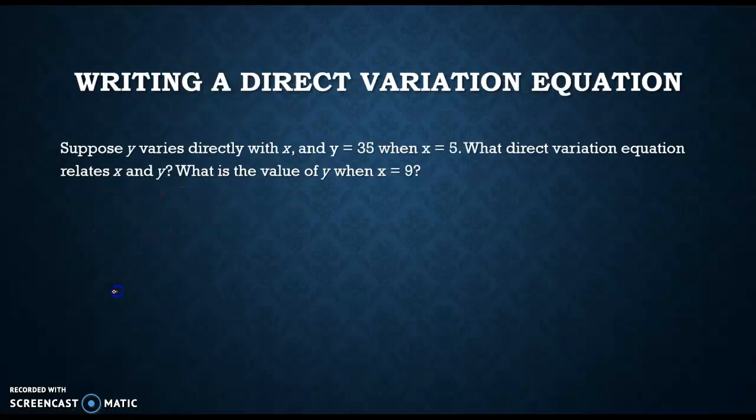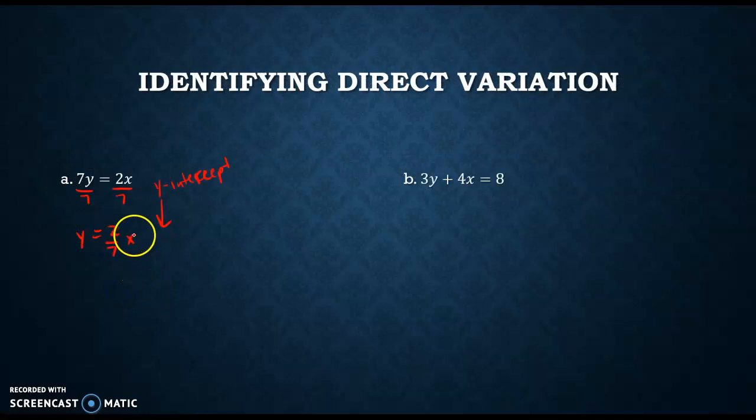We want nothing there. All right, so all I have is this y equals kx, and that's what we're looking for. So this is a direct variation because it is just y equals kx, and k is 2/7.